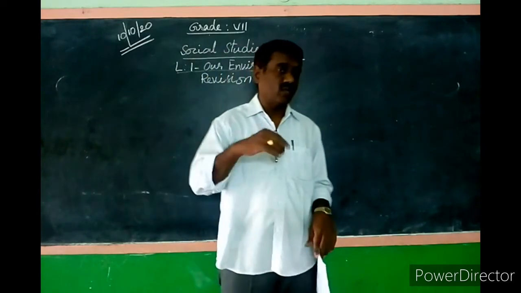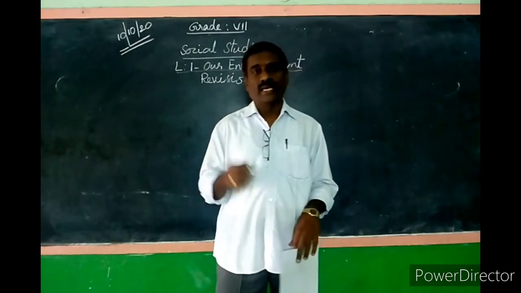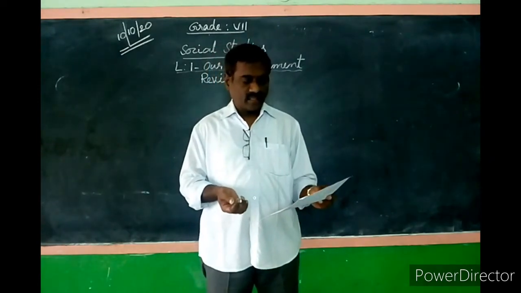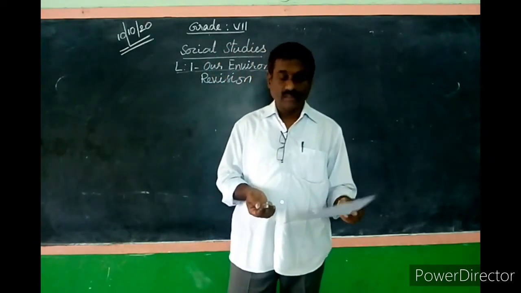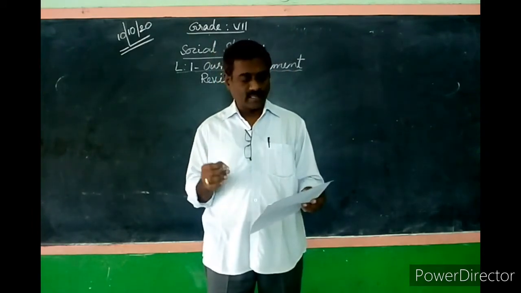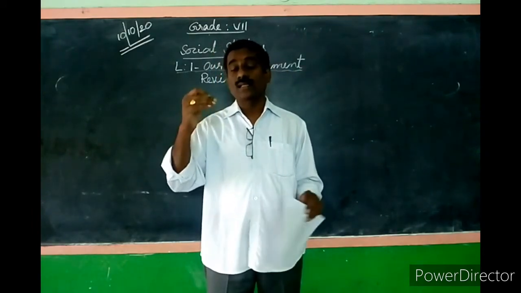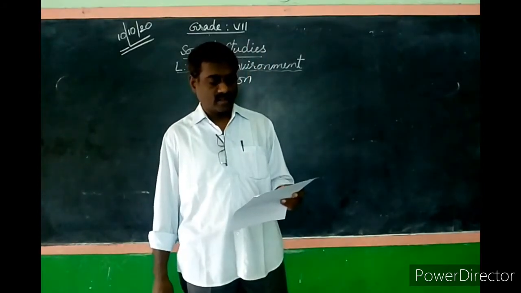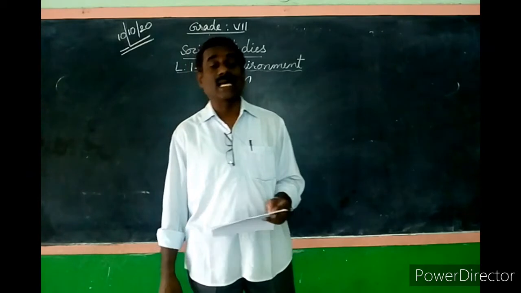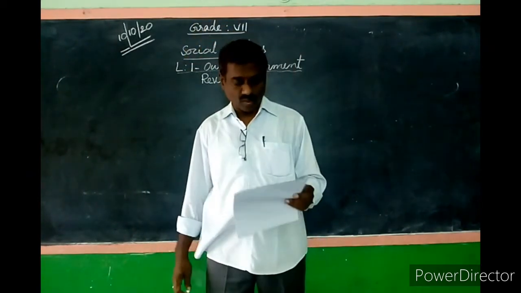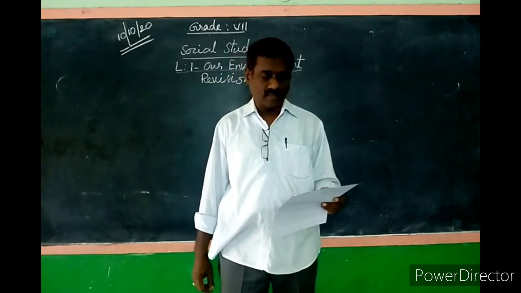On earth's surface, what we see, rocks, hills, mountains, all these come under the lithosphere. This can be seen only in the upper part of the crust, as we have crust, mantle, core, three divisions of the earth's interior.